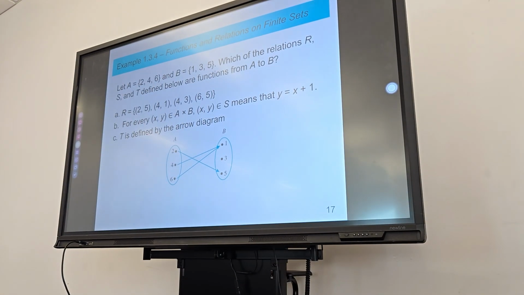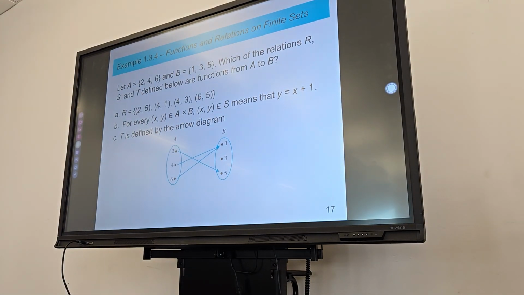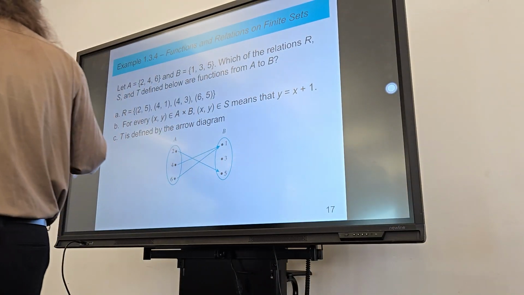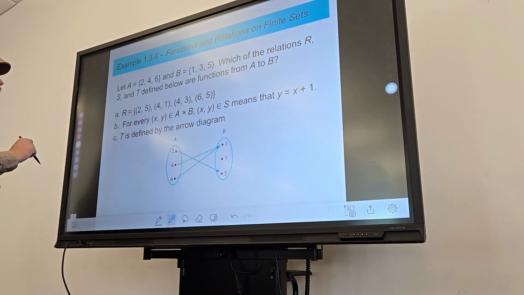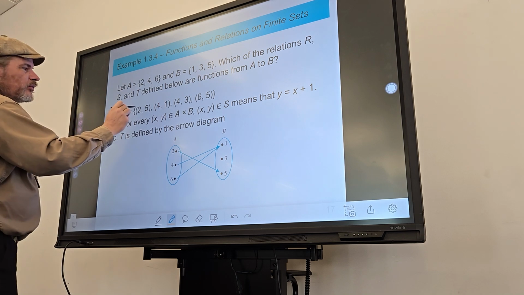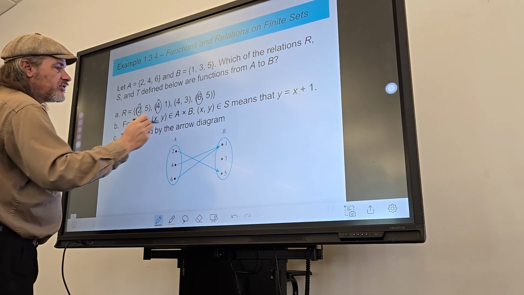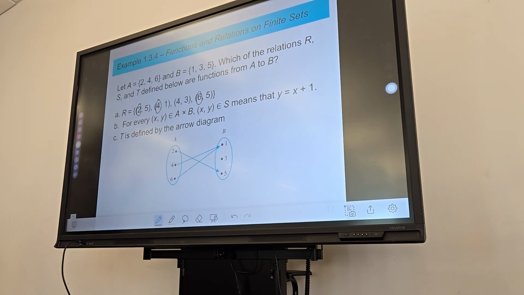So let's look at question A. 2, 4, and 6. Well, you got one with 2, you got 4, and you got 6. So it satisfies the first condition of being a function.